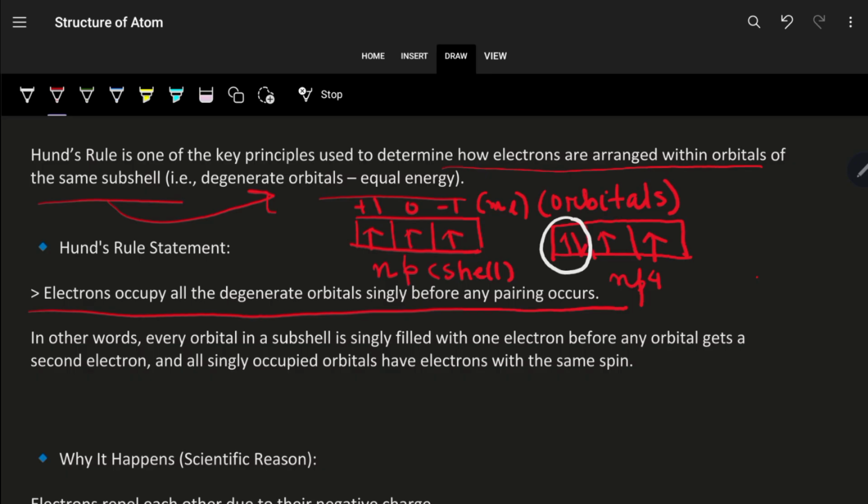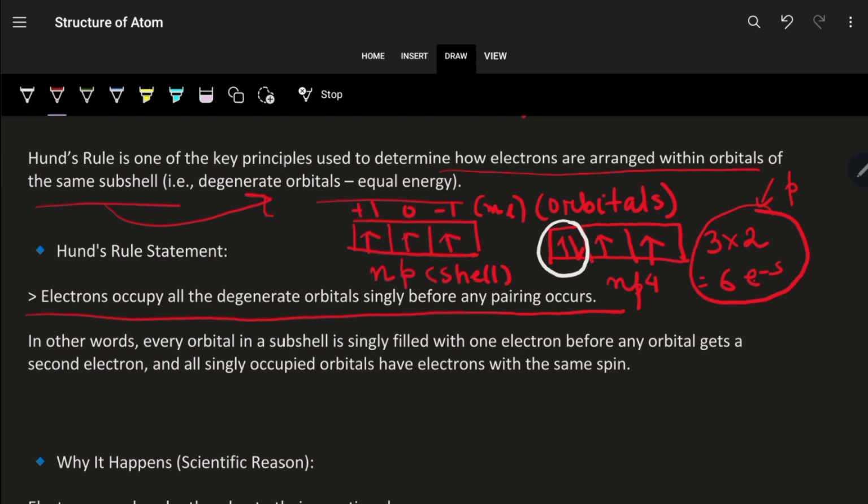So what is the maximum possibility of accommodation in the p shell? See, if each orbital can accommodate 2 electrons and there are 3 degenerate orbitals, then the maximum accommodation is 6 electrons in the p subshell.